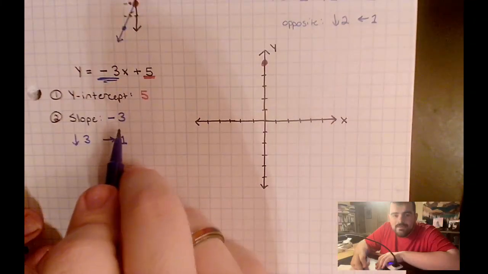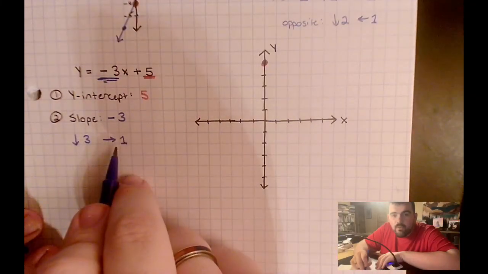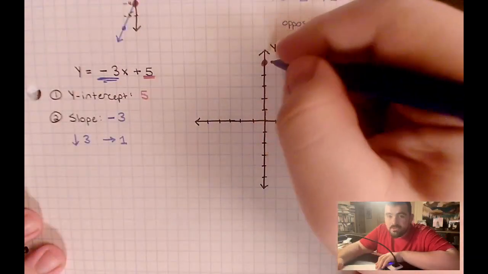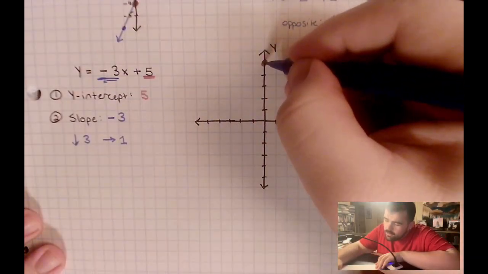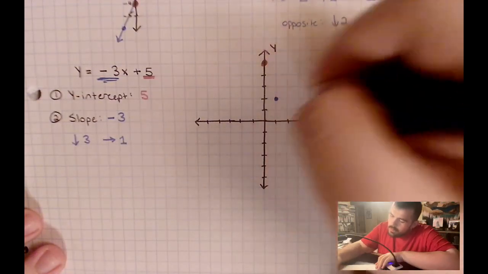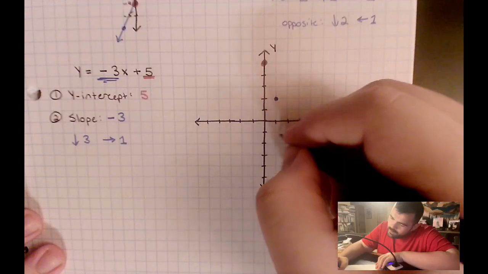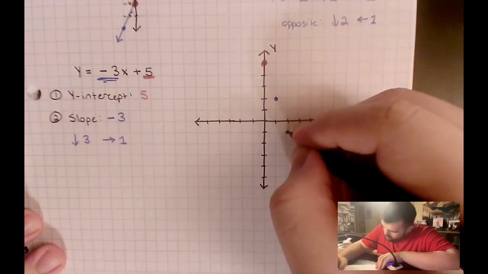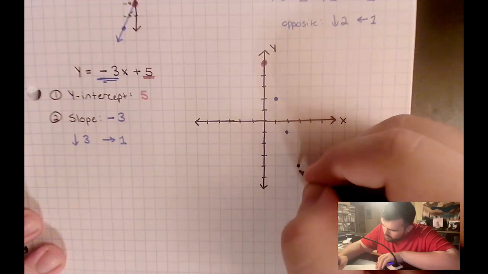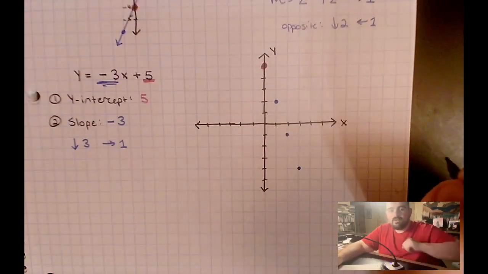So starting at the y-intercept at 5, go down 1, 2, 3, and right 1. And down 1, 2, 3, and right 1. And down 1, 2, 3, and right 1. And if I try to do it again, I'll fall off the graph, so I'll just stop there.